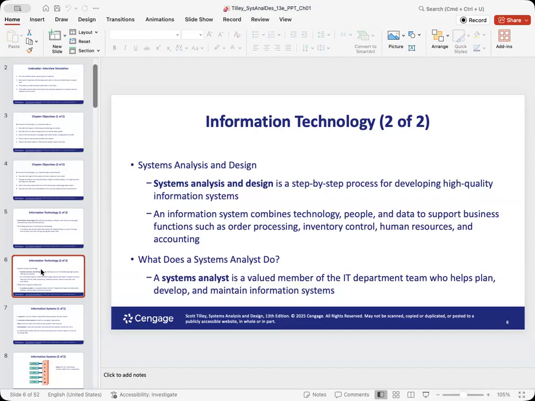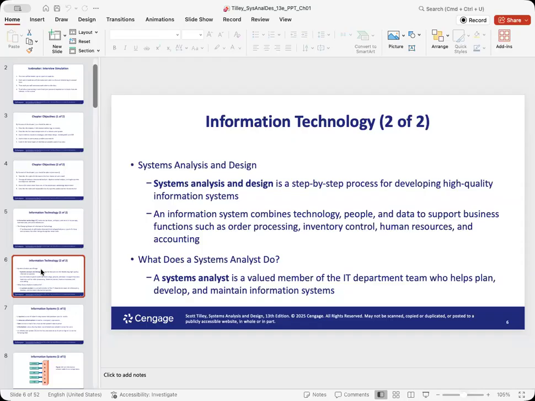The one that designs an information system, or the one that designs a system, is called a system analyst. A system analyst is a very important part of the IT department, and they enable you to plan, develop, and also maintain information systems.